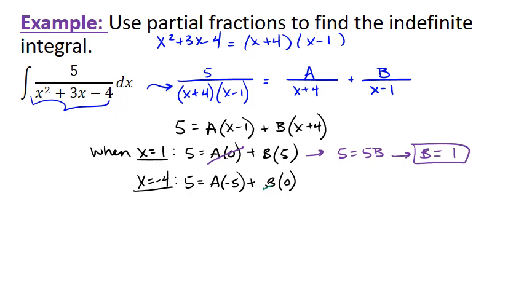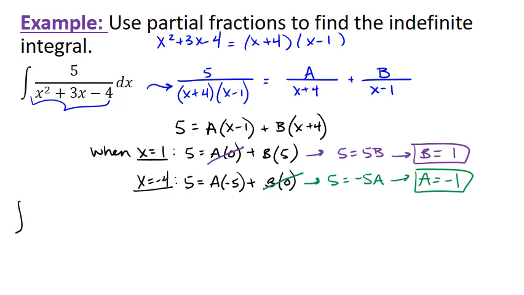And again, this will cancel out. So I have 5 is equal to -5 times A, divide both sides by -5, and you will see that A is equal to -1. So now I know what constants A and B are, and so I can rewrite this integral.